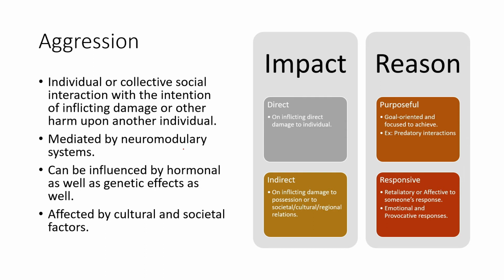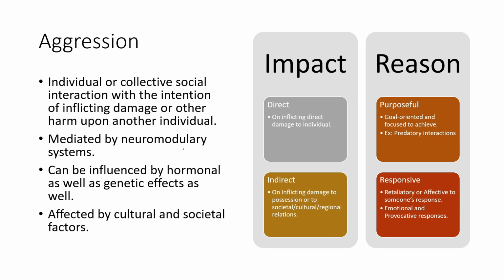Then it could be responsive, which is also called affective or retaliatory response. It is sort of an emotional response which you show in response to someone else's action. So that sort of aggression is called responsive aggression, which is an emotional, provoked response.